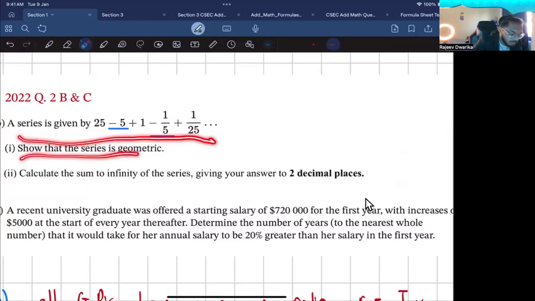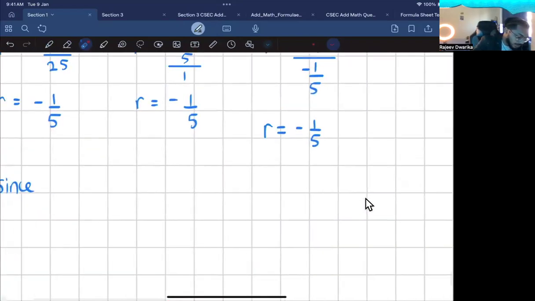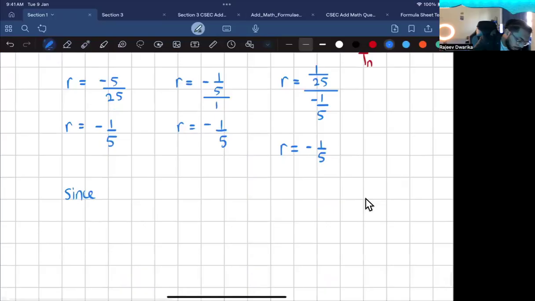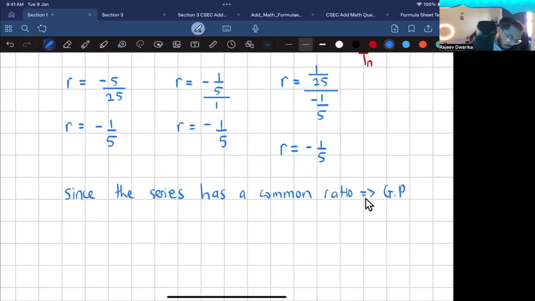A series. Yeah, they tell you that. So since the series has a common ratio, okay, cool.